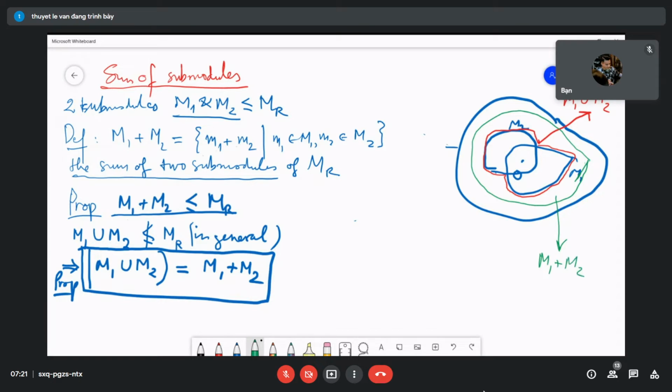Okay, so M1 plus M2 is equal to M1 union with M2 and then generated. So to take the generated, that is equal to M1 plus M2.